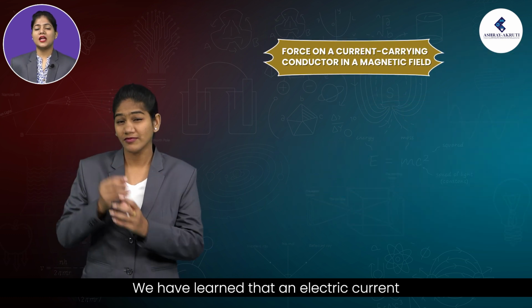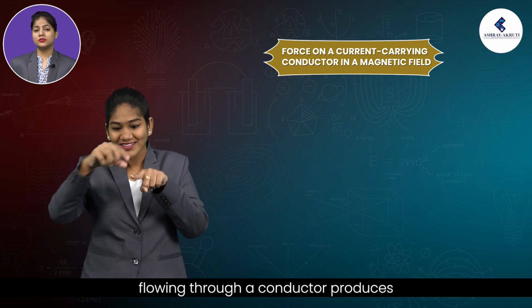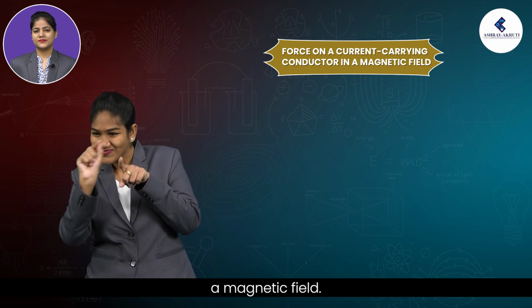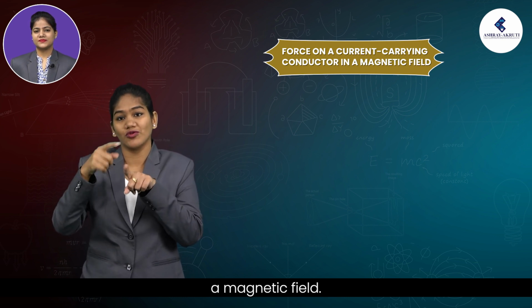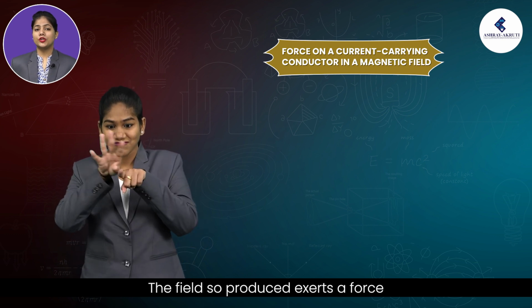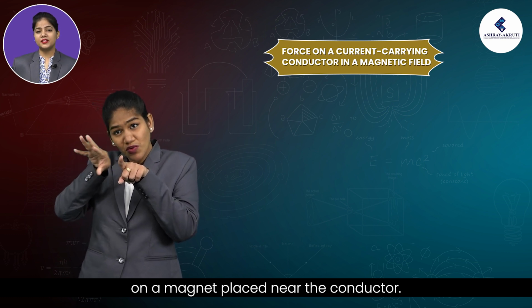We have learned that an electric current flowing through a conductor produces a magnetic field. The field so produced exerts a force on a magnet placed near the conductor.